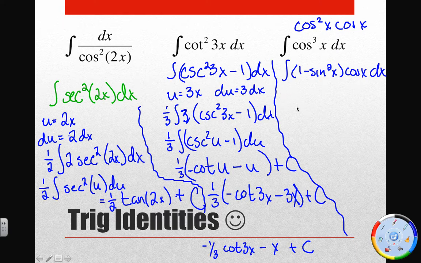So if I let u equal sine squared x, that means du, oops, sorry, not sine squared, just sine, my fault. If I let u equal sine of x, that means du is equal to cosine of x dx.